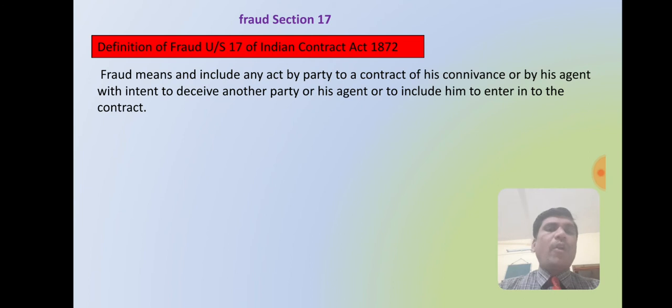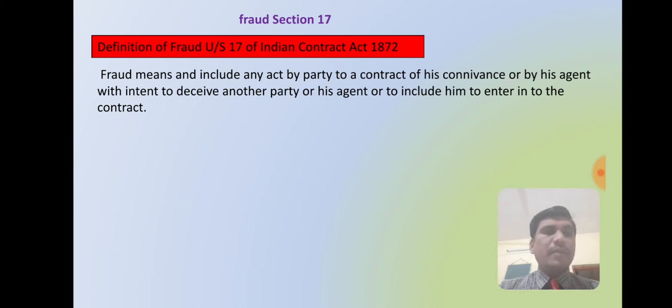Friends, fraud is an act of a party committed against the other party, and it is nothing but the intention to deceive the other party. The party wants to deceive and to make the other party enter into a contract. So this is prohibited under section 17.